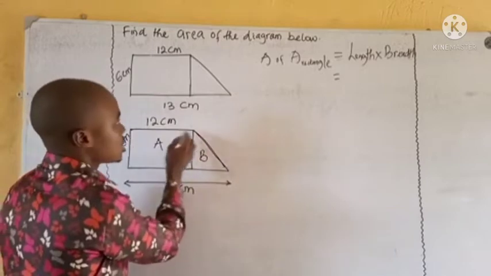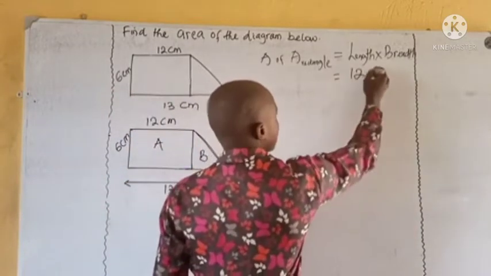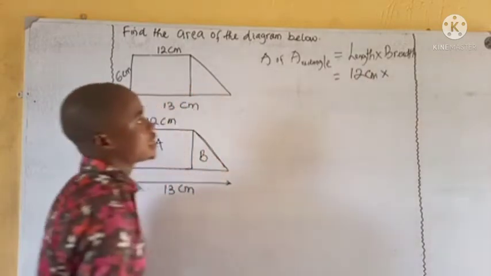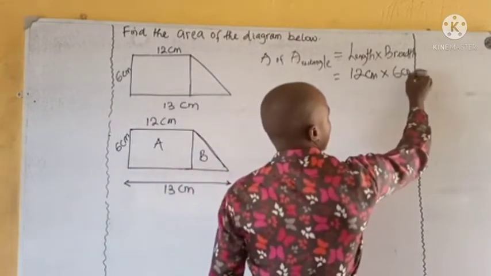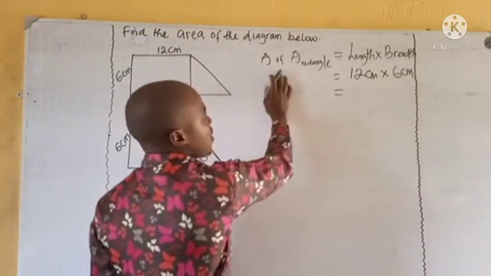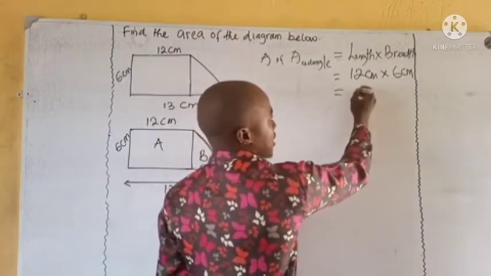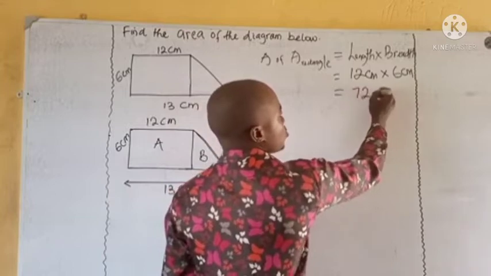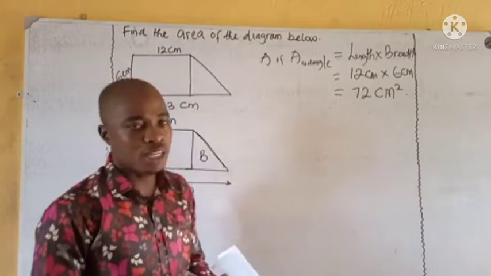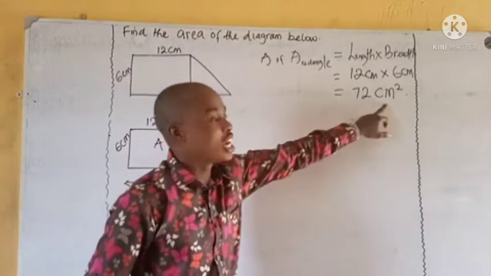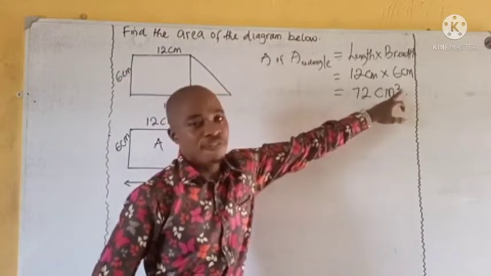The length, that is the longest side, is 12 centimeters, multiplied by the breadth, which is 6 centimeters. Therefore, the area of the rectangle, A, equals 72 centimeters squared. Don't forget that when we are talking about area, we are talking about square units. Your square should not be forgotten.